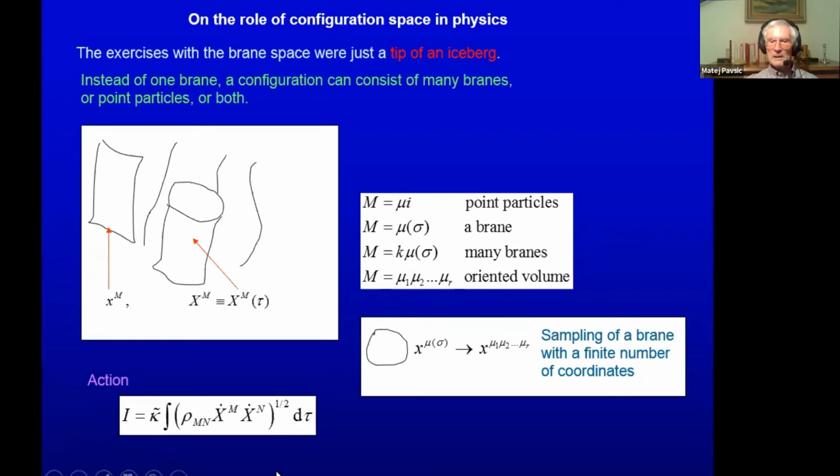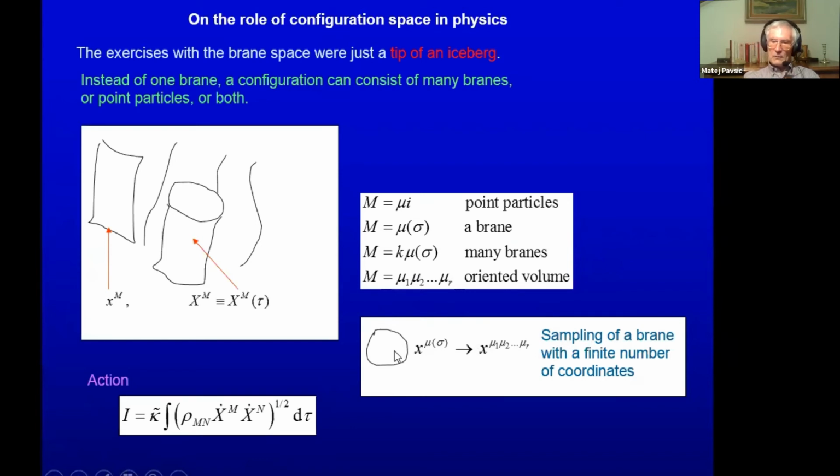We also can sample a brane with this tensor coordinate, antisymmetric tensor coordinate, mapping from infinite dimension to finite dimension. One such possibility of sampling is to take just a center of mass.